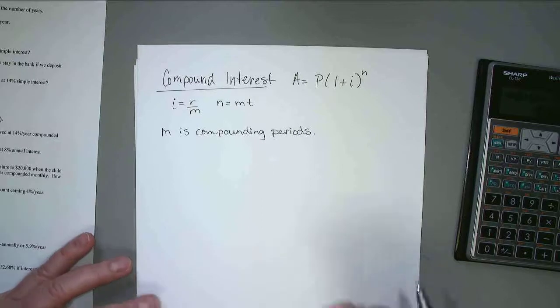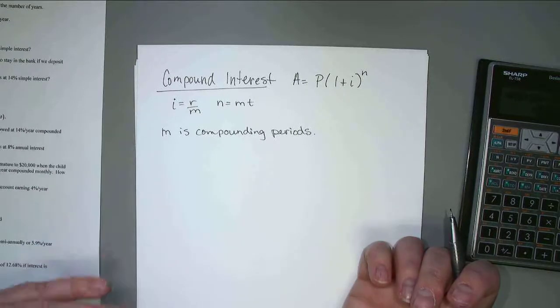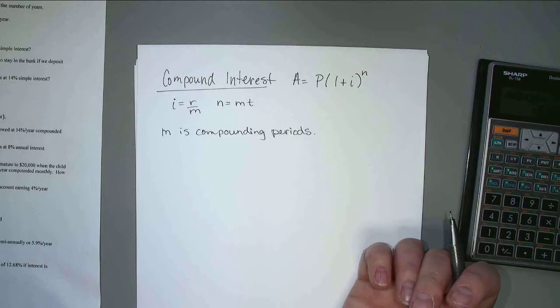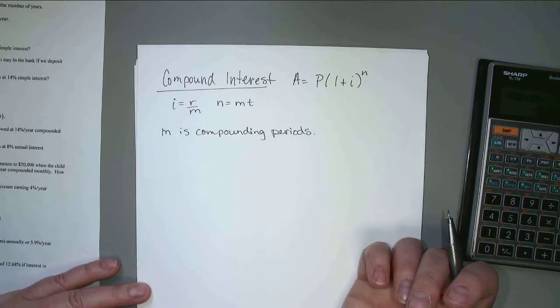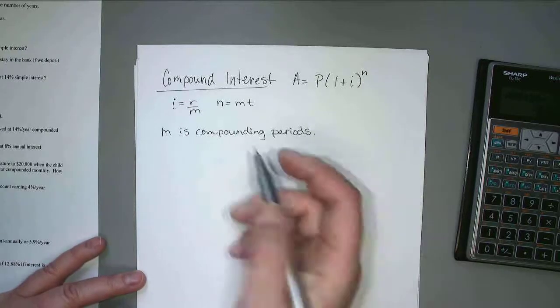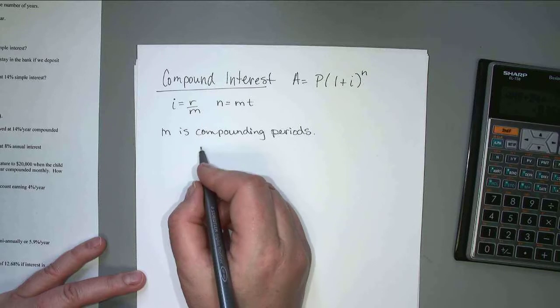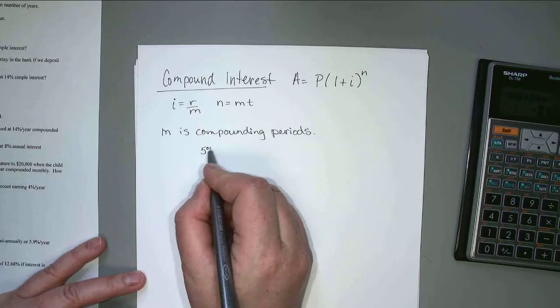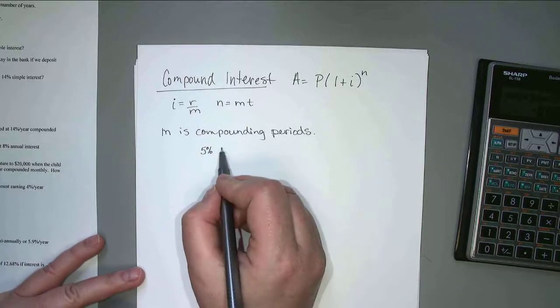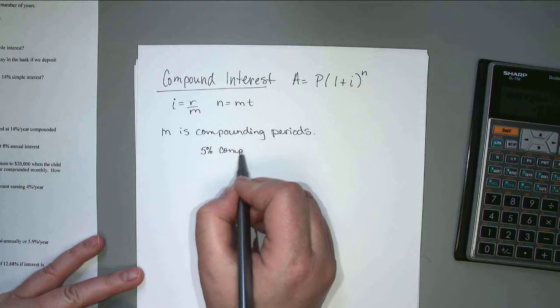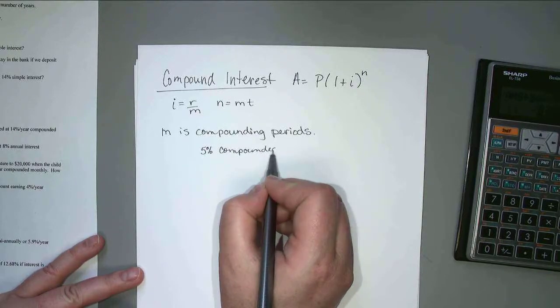So what happens in the real world is usually you'll pay something monthly or weekly or annually, and the interest is calculated on that. So say, for example, you had some kind of loan at 5%, and that would be compounded monthly.